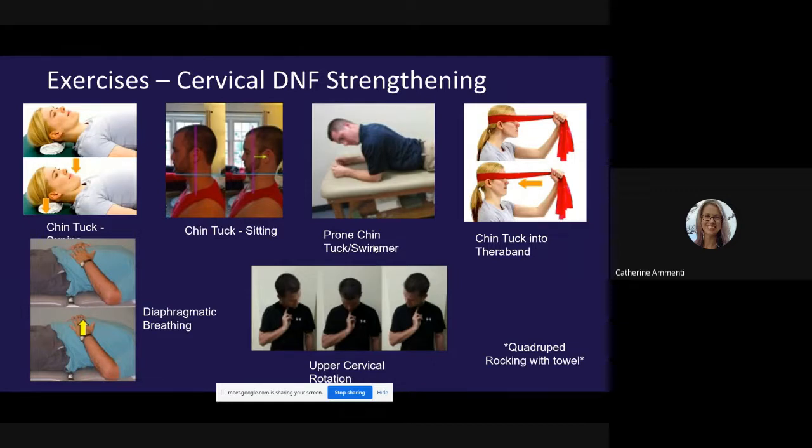So we've got our chin tucks, the sitting and prone, chin tucking into a TheraBand. You could even do that quadruped chin tuck, which would be similar to that prone chin tuck. And then the upper cervical rotation with the chin tuck, and then the diaphragmatic breathing.